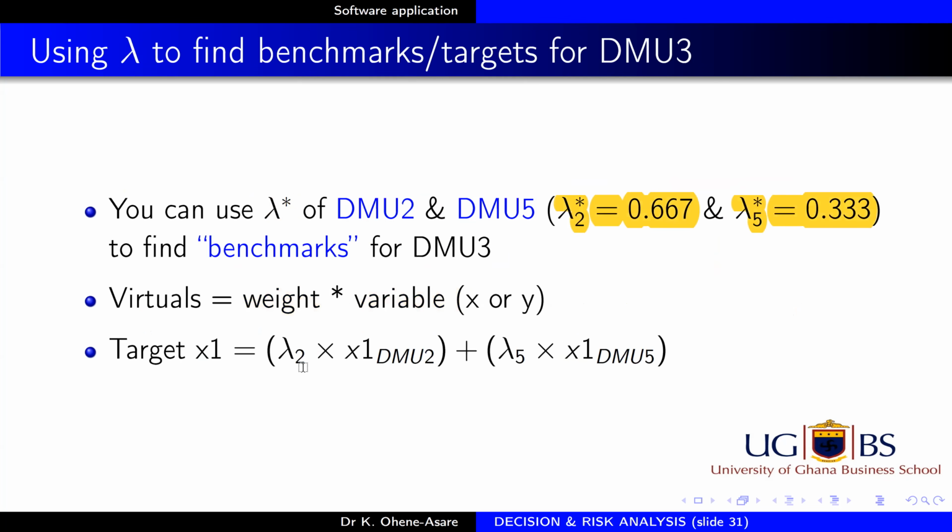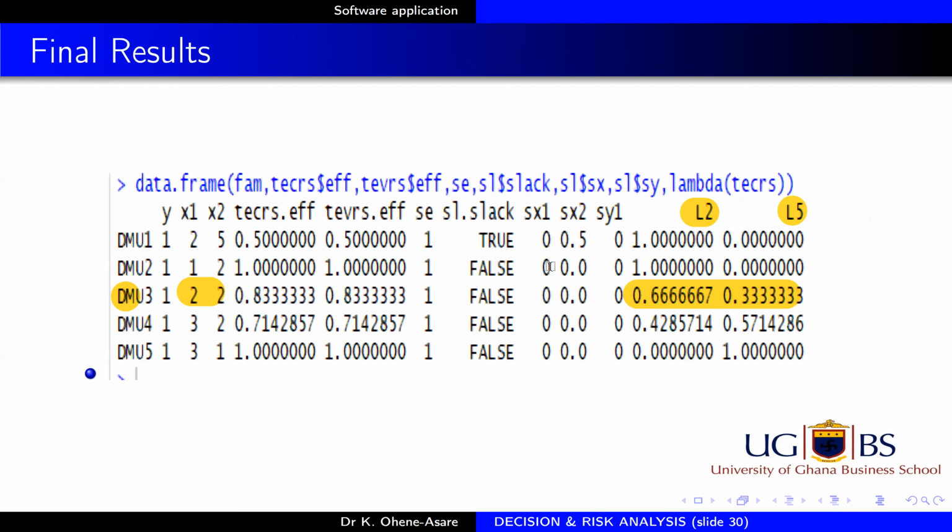So multiply the lambda by the input, plus the DMU5's lambda by the input. Oh, sorry. Let me just go over it again, otherwise you get confused.